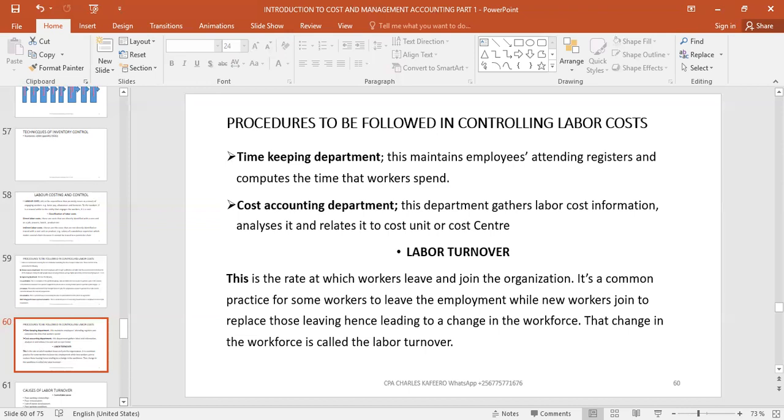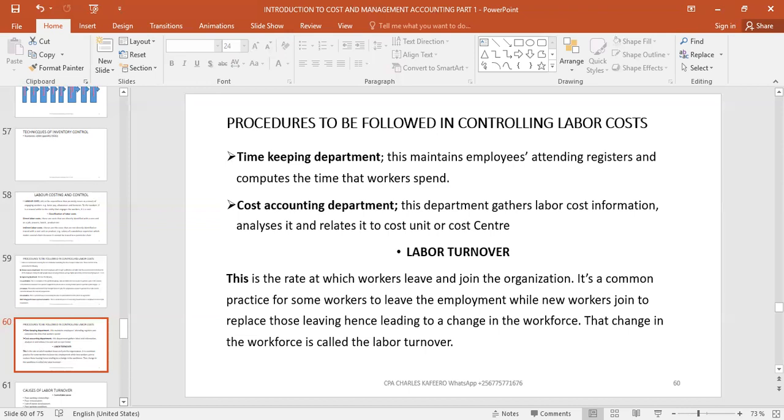So when we talk about labor turnover, this is the rate at which employees leave and join the organization. It is a practice for some workers to leave the employment while new workers join to replace those leaving, leading to a change in the workforce. When the workforce is changing, we are getting new faces as the old faces are going away.